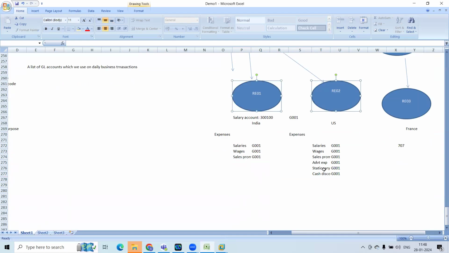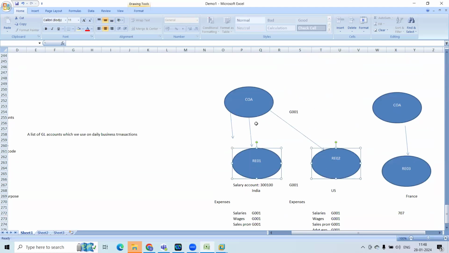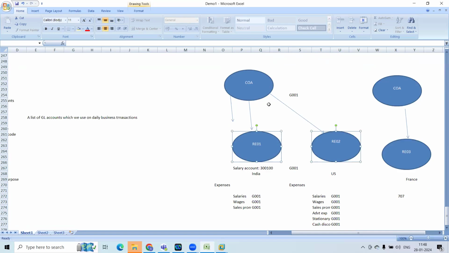This is related to finding out how much expense is happening at the group chart of accounts level. Under the chart of accounts, group level, we need to find out what expenses are happening. Here we have 300100, 300101, 300102, and the same for the other company.